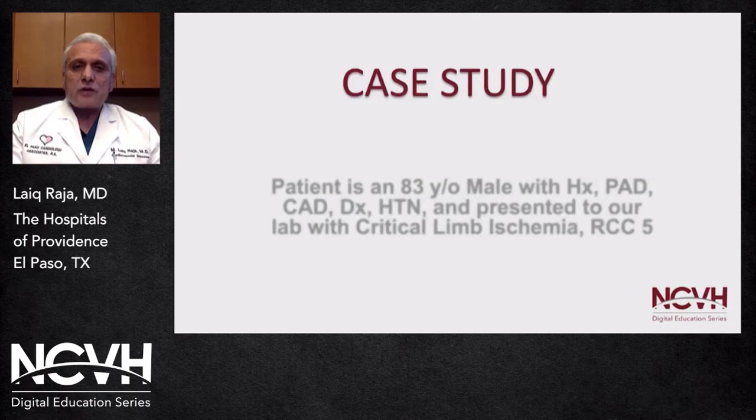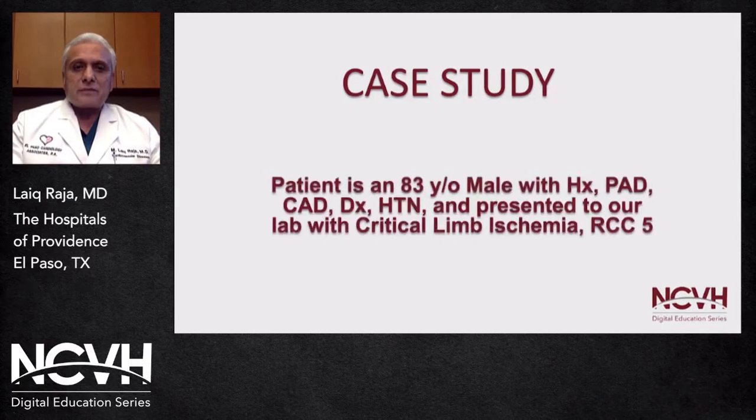I would like to show a couple of different cases to look into how it's utilized in clinical practice. My first case presentation is an 83-year-old gentleman who has a history of peripheral vascular disease, diabetes, hypertension, and multiple previous interventional procedures done, and now presents with critical limb ischemia.